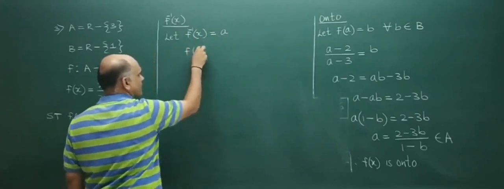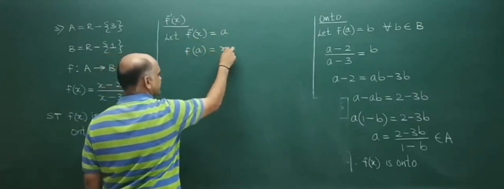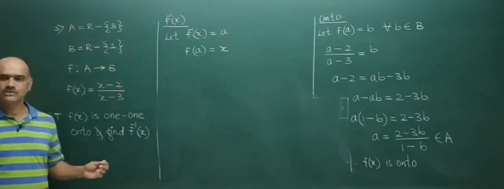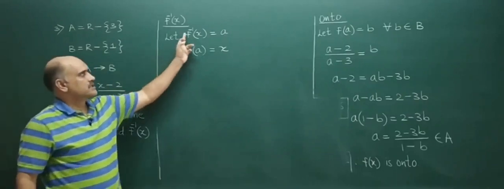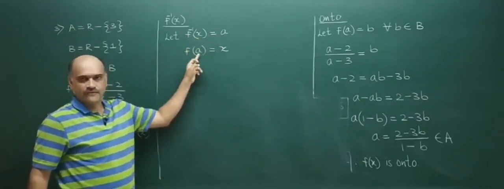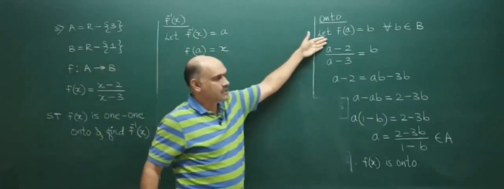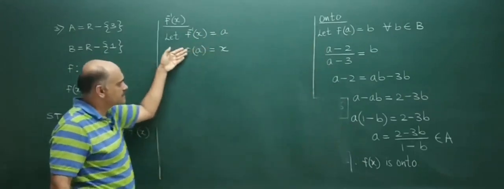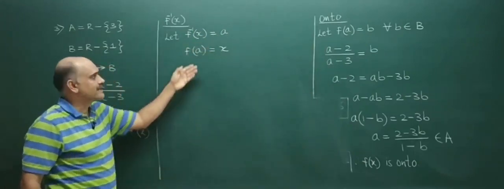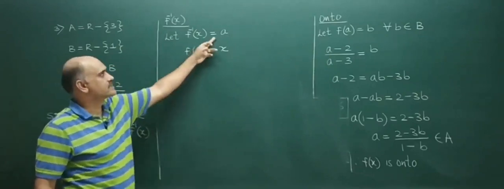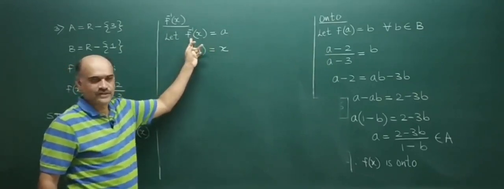Therefore f of a is equal to x. As you have solved here, the same steps you are required to follow. You will get the value of a, and a is nothing but f inverse of x.